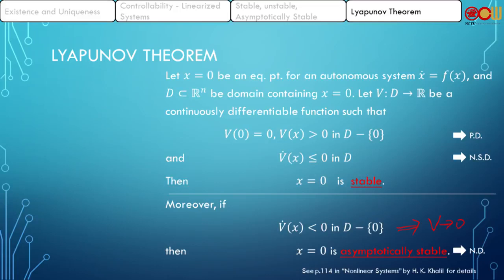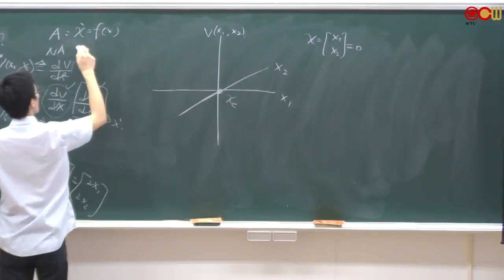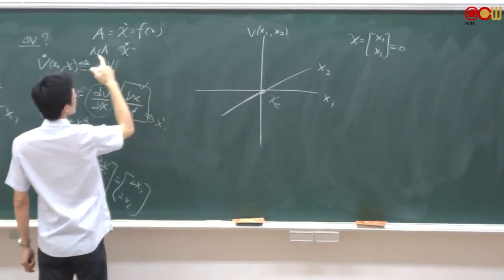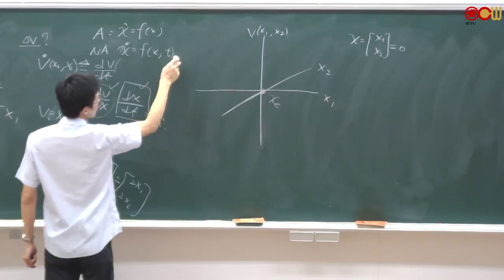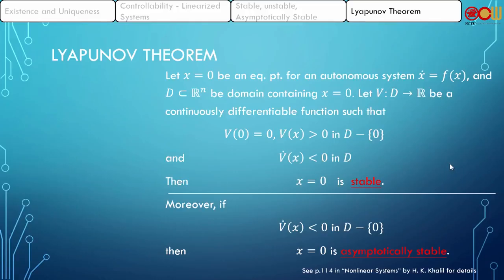Autonomous system, which we defined before, means this f doesn't explicitly depend on time, only on states. Define x dot equal to f(x). Otherwise, a non-autonomous system is f(x, t), explicitly depending on time. Here we consider autonomous systems.